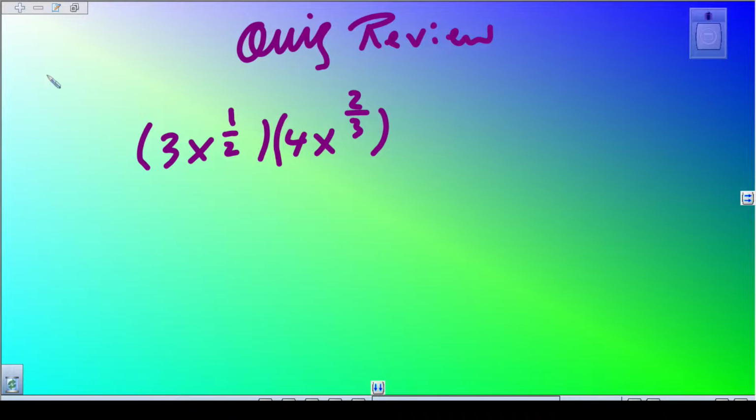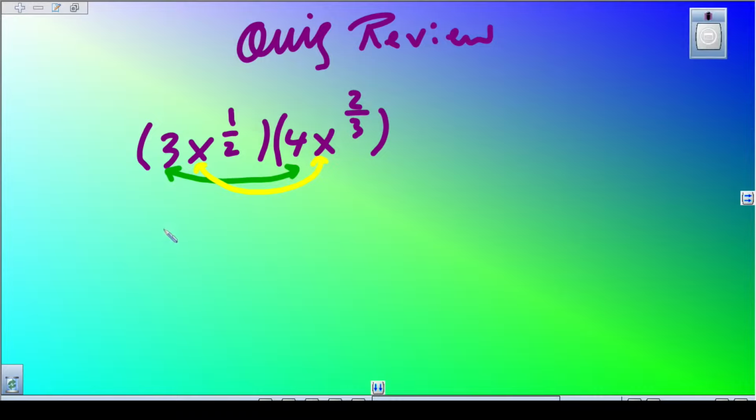So how do I simplify this? Well, apparently I have to look at some exponents here, right? These are rational exponents. I could basically multiply the constants or the numbers, and then after that I have to deal with the variables. So let's do that.